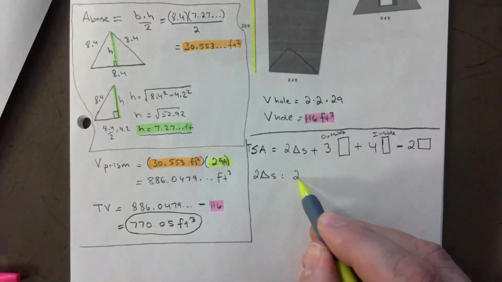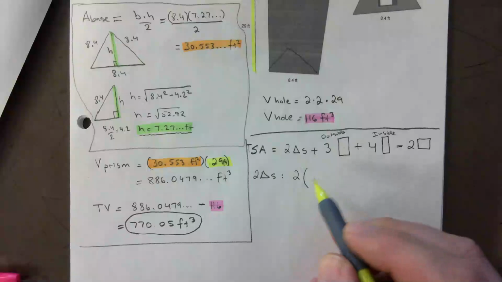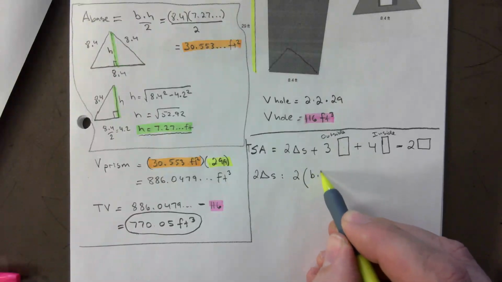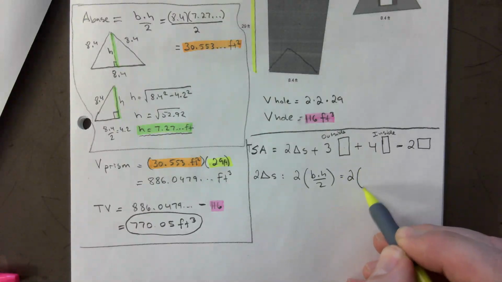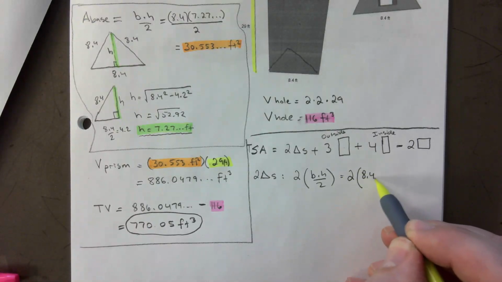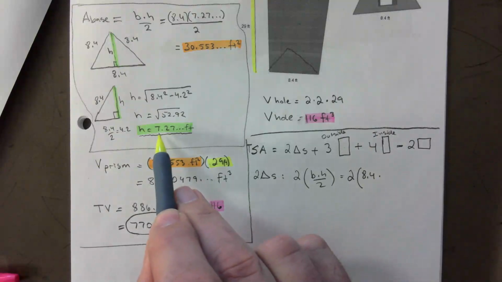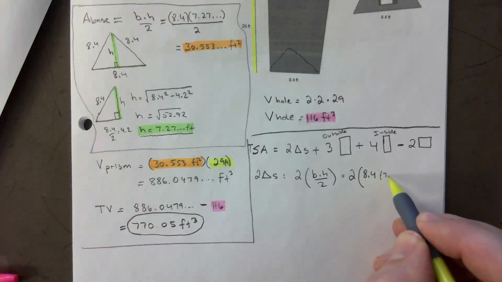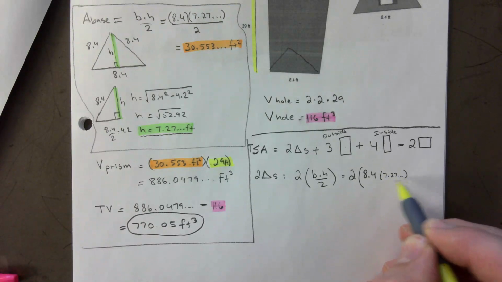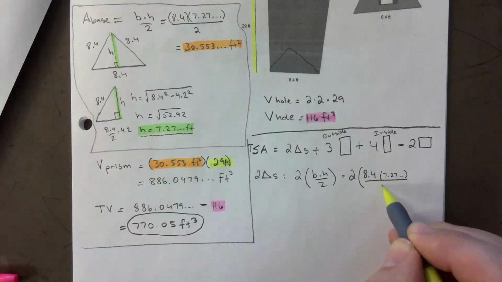So it would be two triangles, which has base times height divided by 2. So that'd be 2 times base, which is 8.4, times the height, right, which is 7.27. So I'll use 7.27 something. All of that divided by 2.